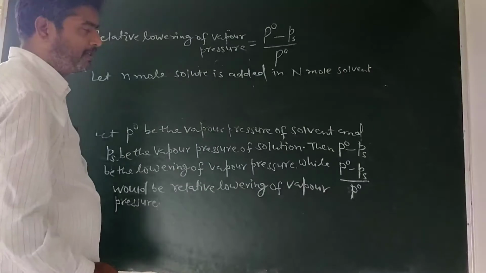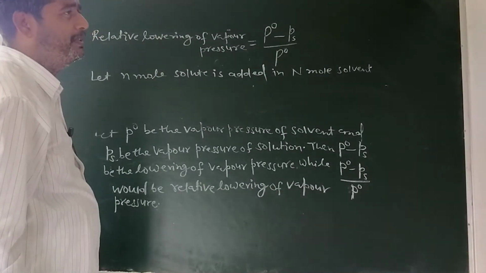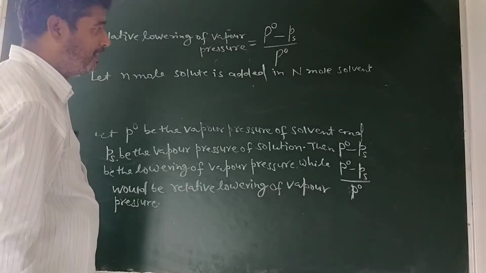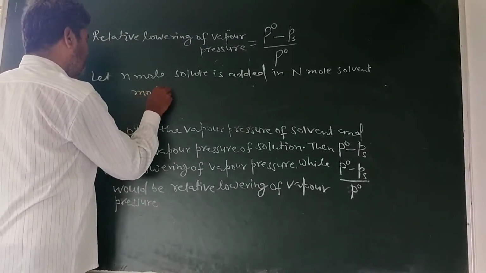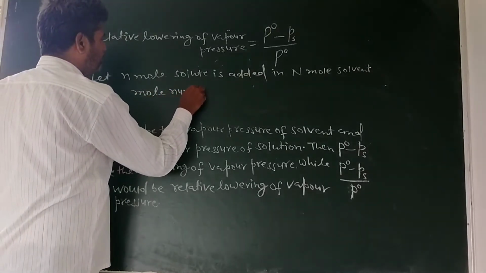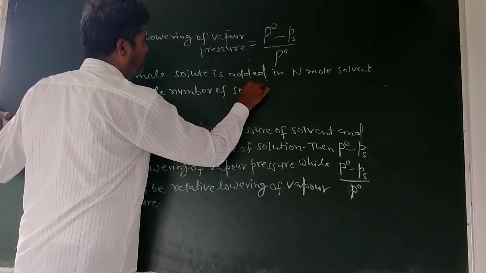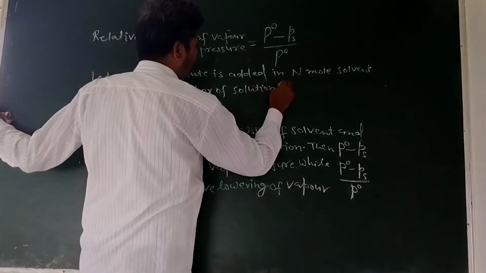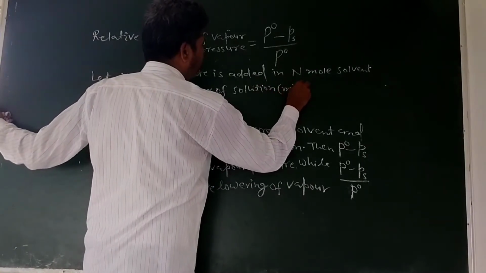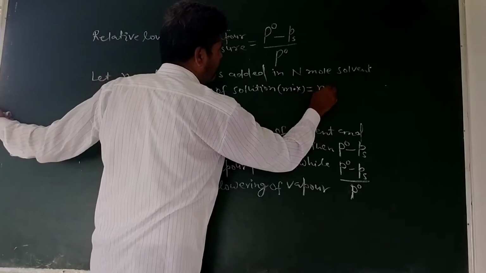When solute and solvent are mixed with each other, a homogeneous mixture, that is a solution, is obtained. So the mole number of solution, that is mixture, is equal to the sum of the mole numbers of both solute as well as solvent.